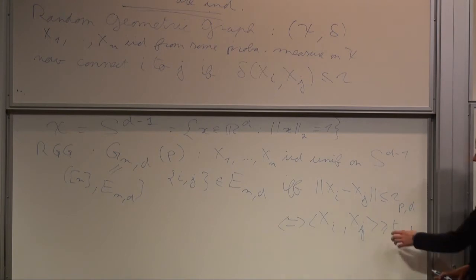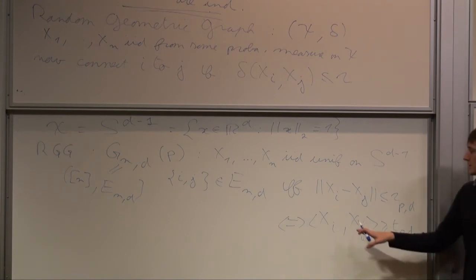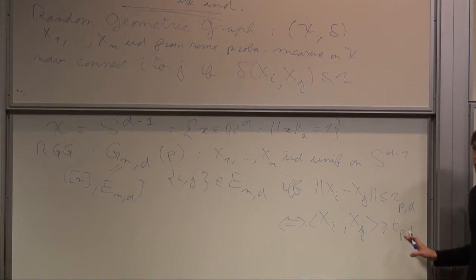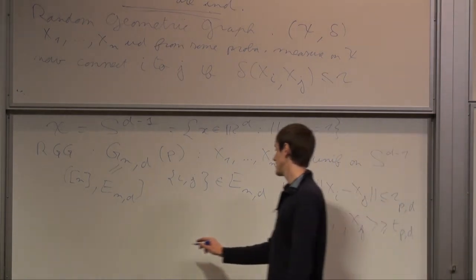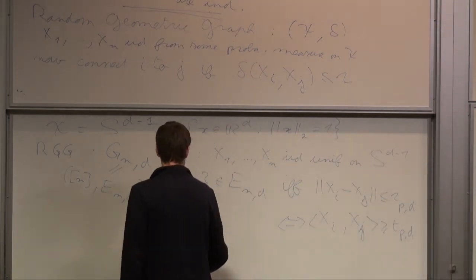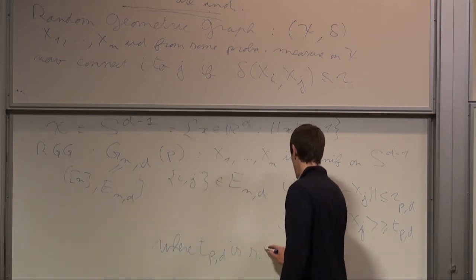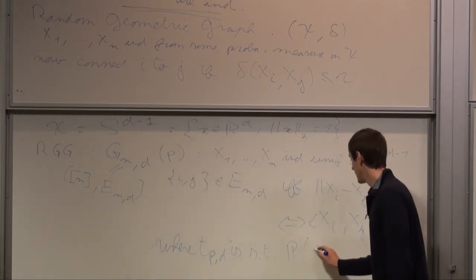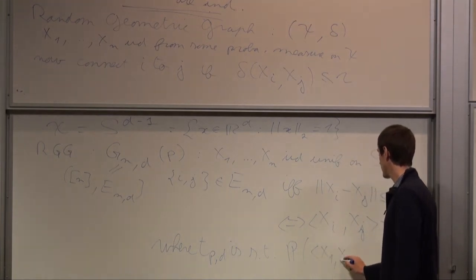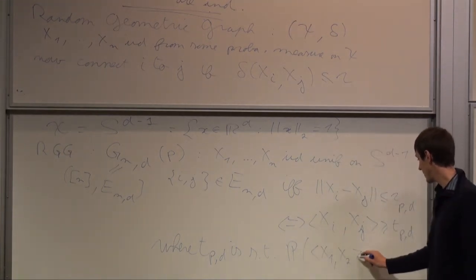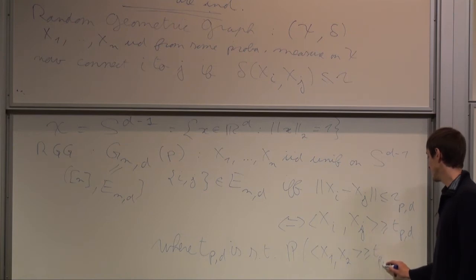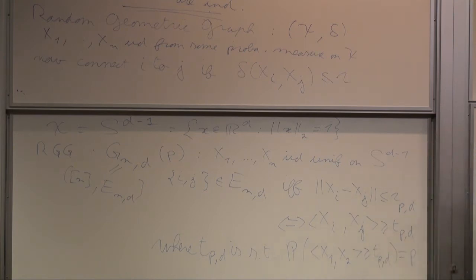And now I want this threshold to depend on p in the sense that I want the probability of this event to be p. Okay, so where t(p, d) is such that the probability that the inner product between x1 and x2, when x1 and x2 are uniform on the sphere, is larger than t(p, d) is equal to p. Okay, there is a number which does so.